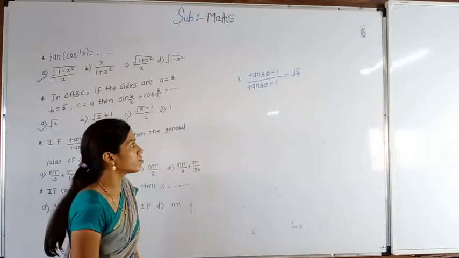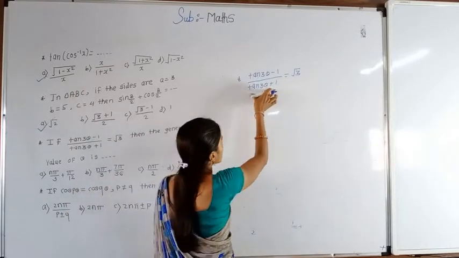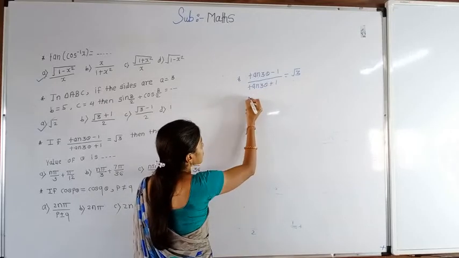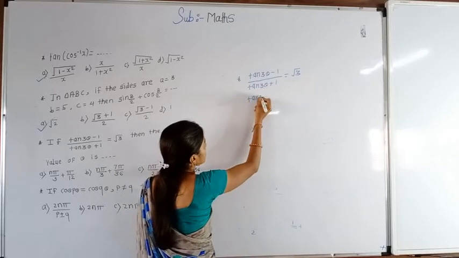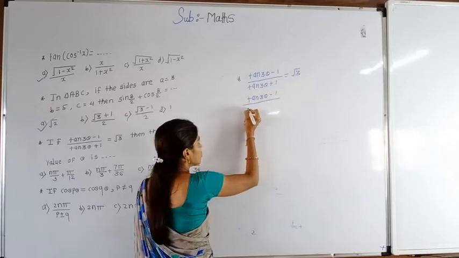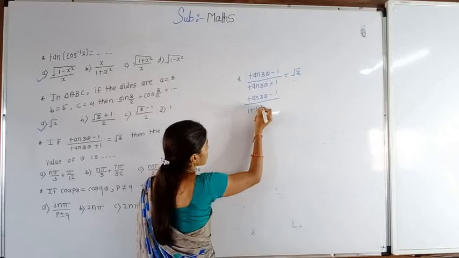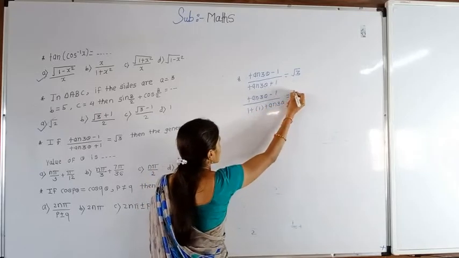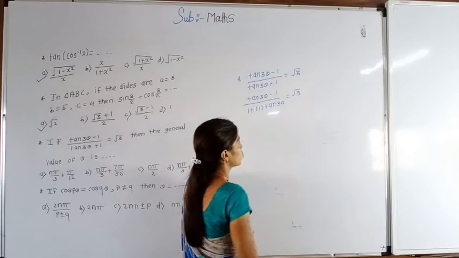Okay, so first I rearrange the left hand side. So we can also write the left hand side is tan 3 theta minus 1, whole term divided by 1 plus 1 into tan 3 theta, is also equal to root 3.